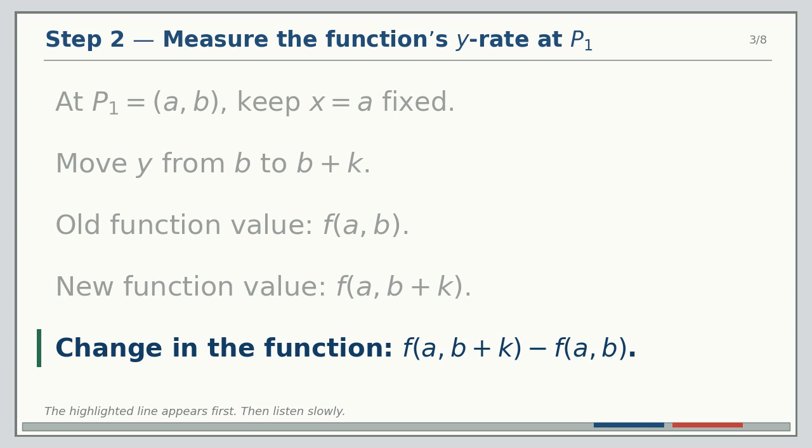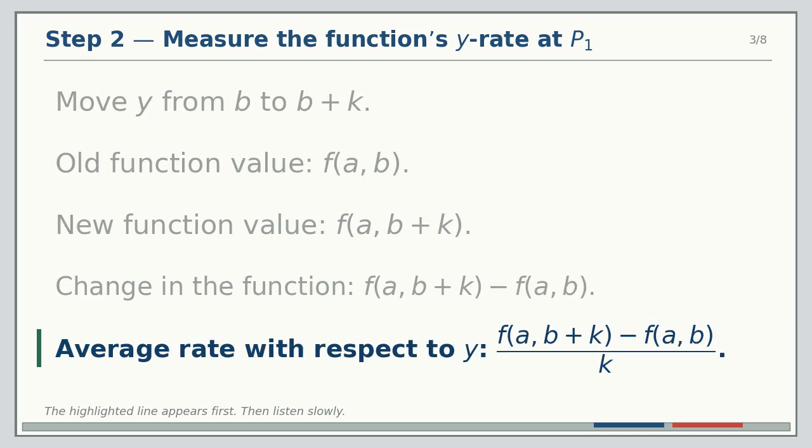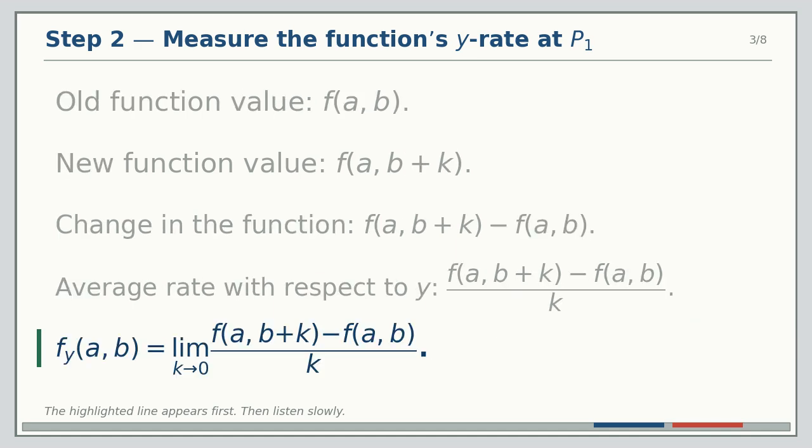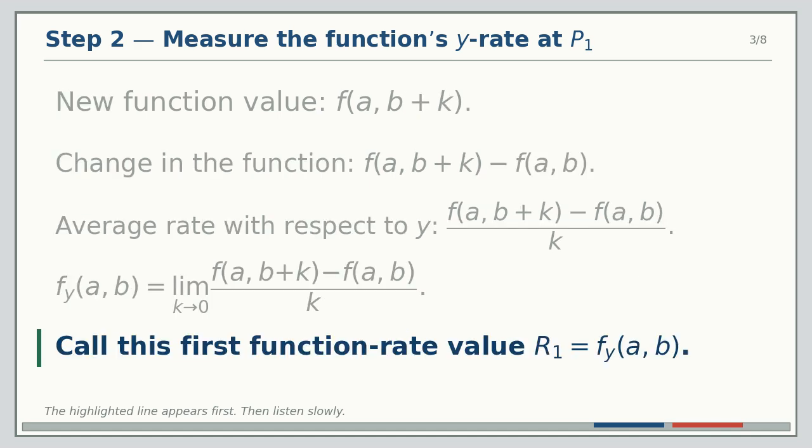Therefore, the change in the function is f of a comma b plus k minus f of a comma b. Divide that change in the function by the change in y, which is k. Now let k tend to 0. This gives f sub y at (a, b). Let us call this first function rate value r1, equal to f sub y at (a, b).